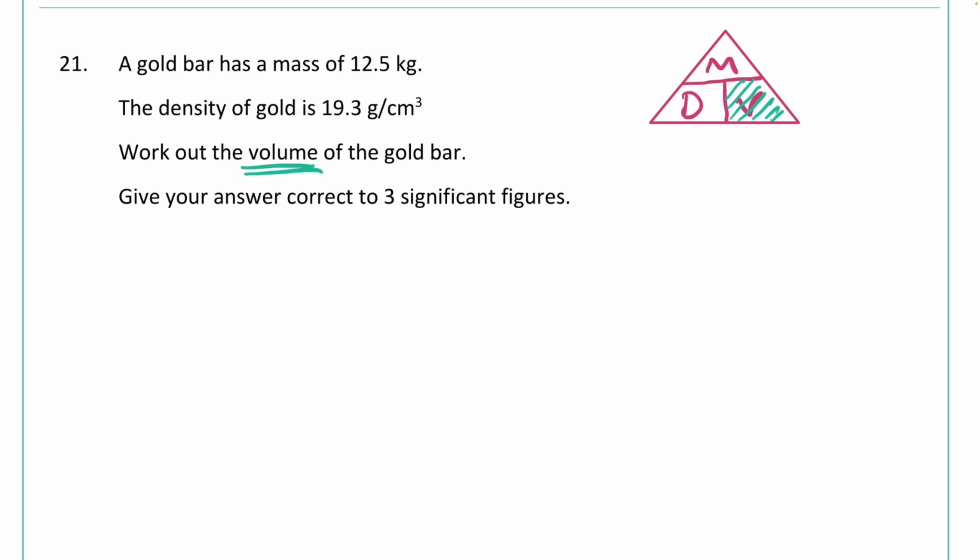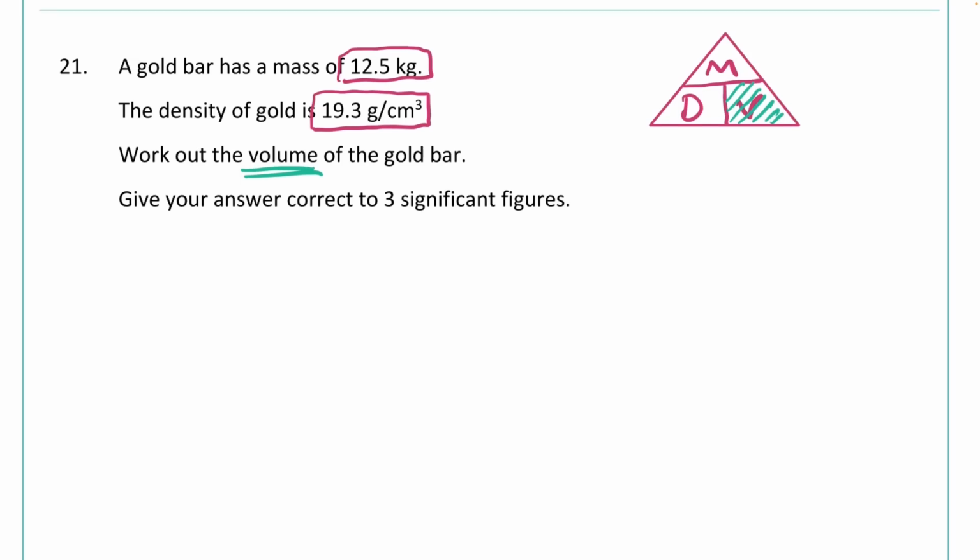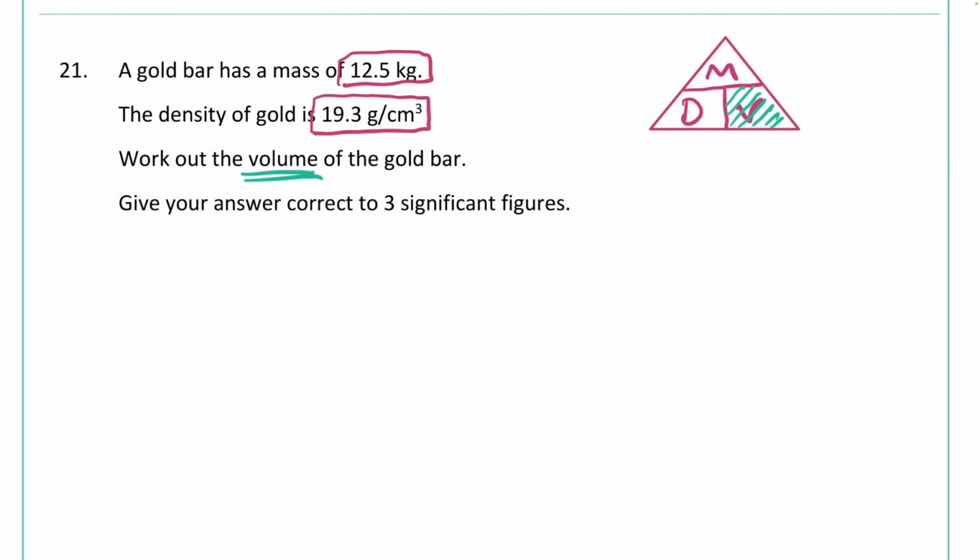So the mass is given to us, 12.5 kilograms, and the density is also given to us, 19.3 grams per centimetre cubed. However, you can see here that the mass is in kilograms and the density is in grams. So we need to convert one of them, and typically you'll convert the one which seems more logical to do, and in this case it's much easier just to multiply this by 1,000, which will turn it into grams.